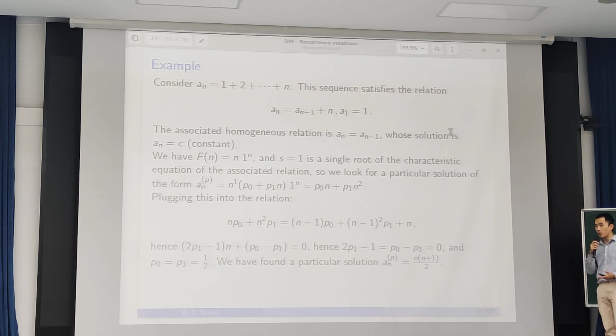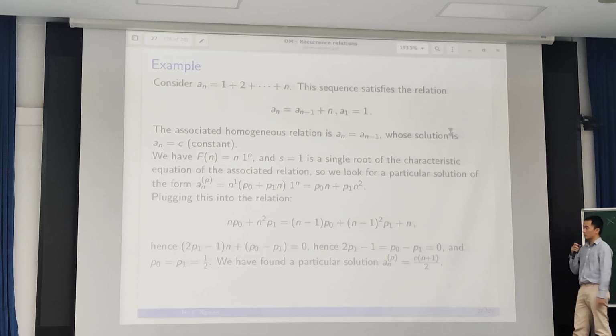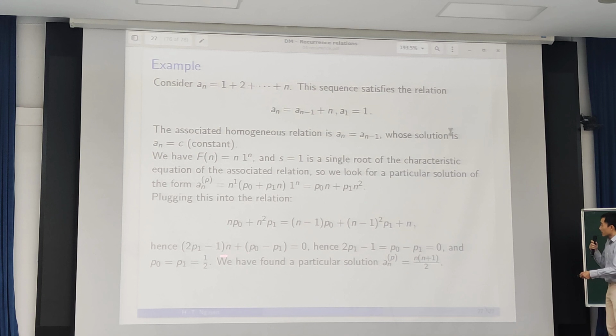That means that all the coefficients must be 0. Okay. So here, if we simplify, we obtain this equation. Okay, (2p1 minus 1) times n plus p0 minus p1 must be 0. Okay. So this is true for every n. That means that both coefficients here must be 0. So if we solve 2p1 minus 1 equal to 0, we get p1 equal to 1/2. Okay?